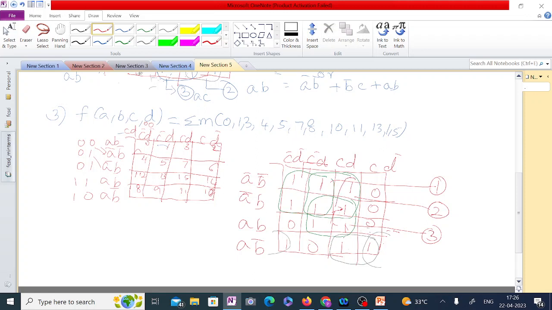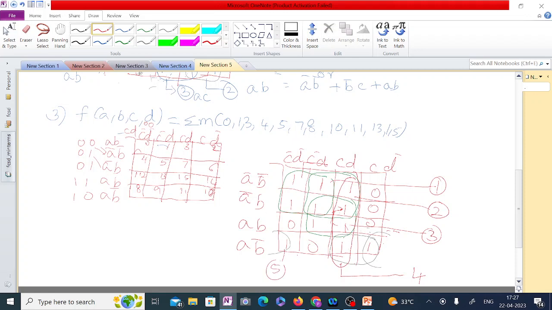This could be a quad only. I'll tell you why. Because this one is there, no? This I'm anyhow grouping with this. So this pair you can leave and you can consider this as a quad only. So I'll have 4 quads and one pair.